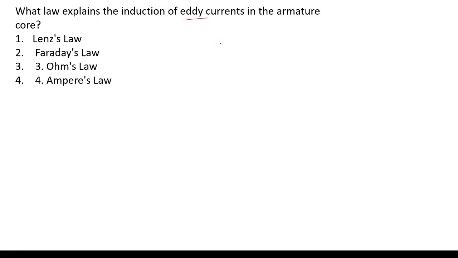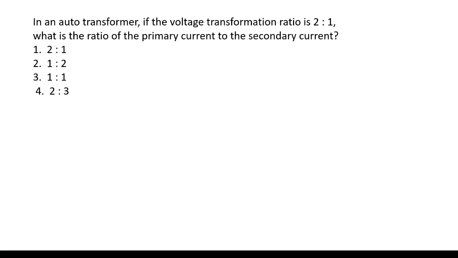So whatever it may be, the voltage produced or current flowing, the main reason is Faraday's laws of electromagnetic induction. Whenever there is a change in magnetic field, E is equal to minus N d phi by dt, an EMF will be induced. Whenever the circuit is closed, the current flows. That is given by Faraday's law, God of electrical engineering, Faraday.